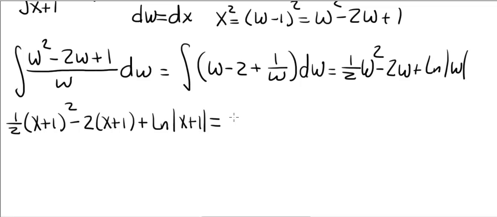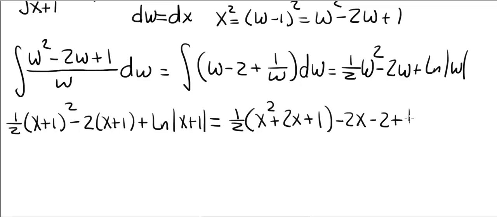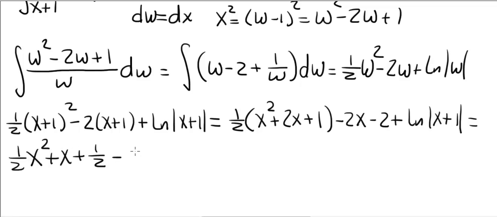Let's simplify this further. This is 1/2 times x squared plus 2x plus 1 minus 2x minus 2 plus natural log of absolute value of x plus 1. And so this is 1/2 x squared plus x plus 1/2 minus 2x minus 2 plus natural log of absolute value of x plus 1.